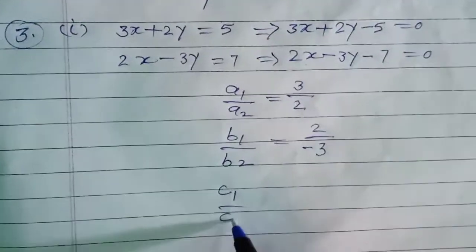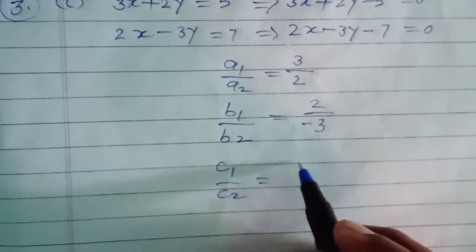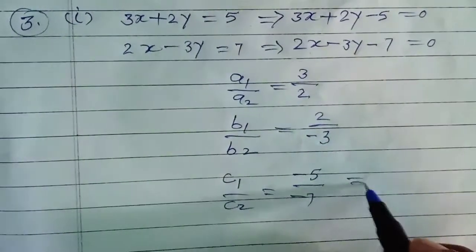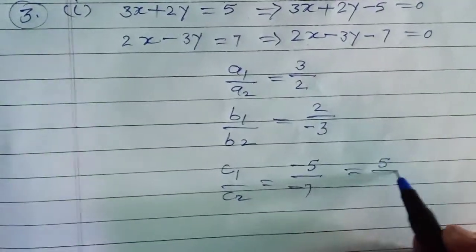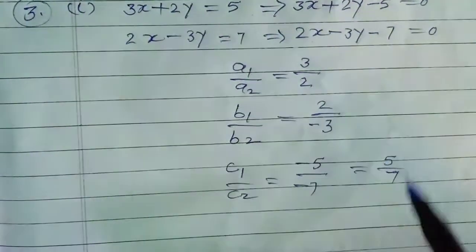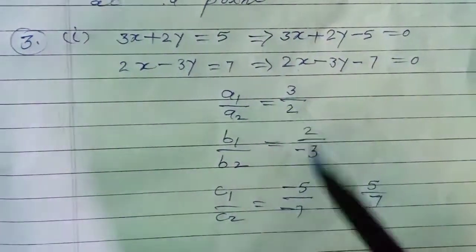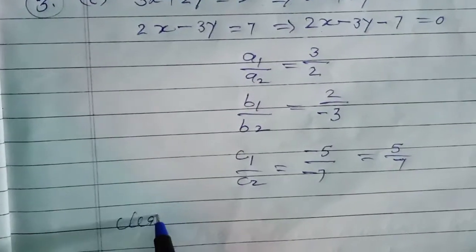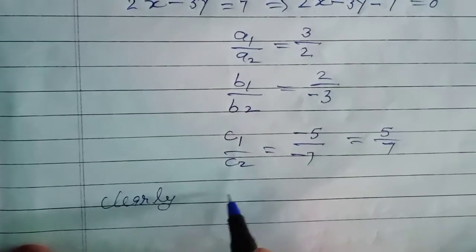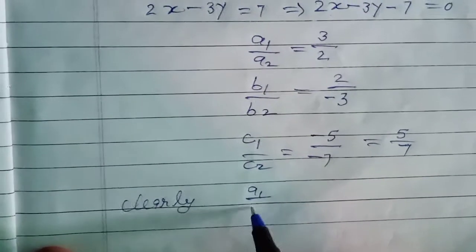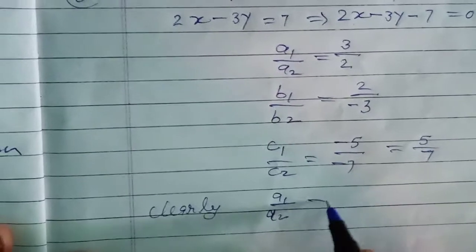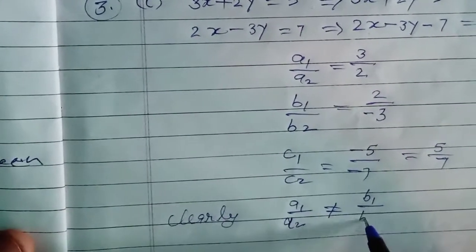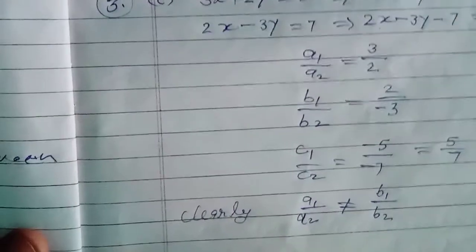c1 upon c2: c1 is minus 5 and c2 is minus 7, and both are negative, so this will be positive, 5 by 7. And this is not equal to this. Clearly a1 upon a2 is not equal to b1 upon b2.